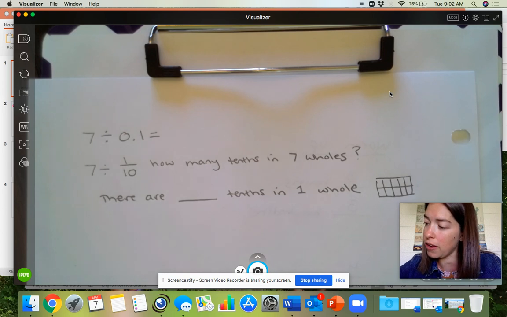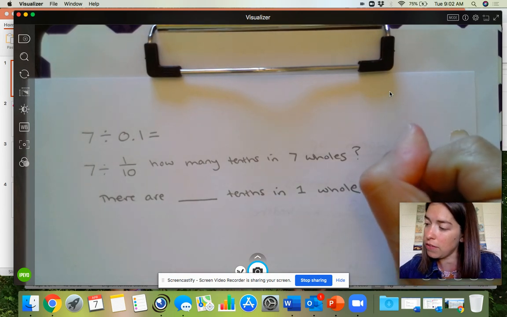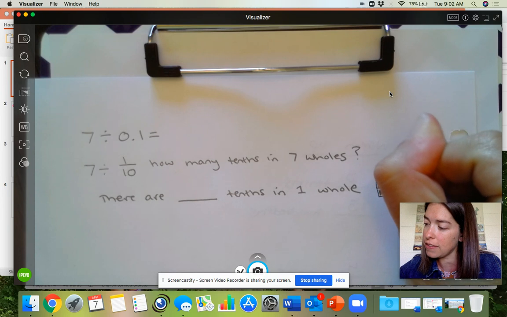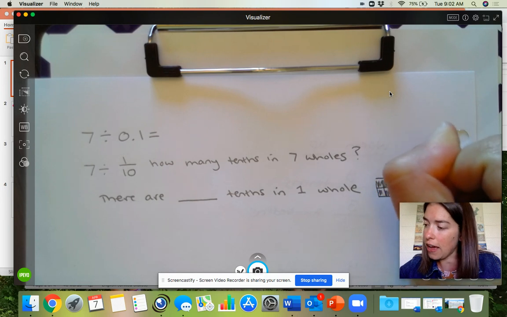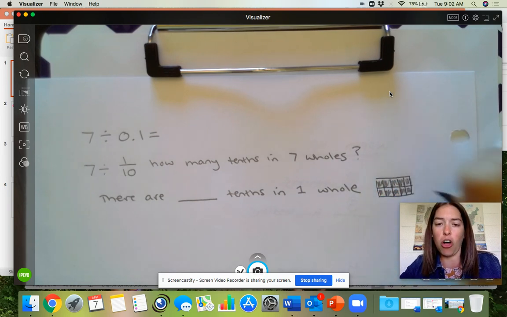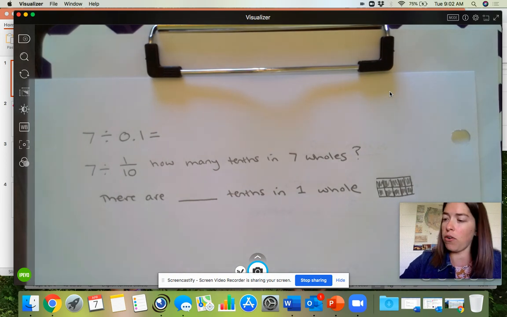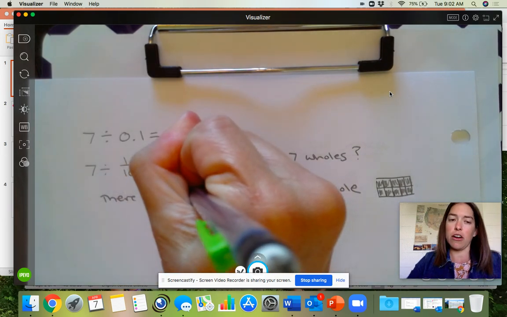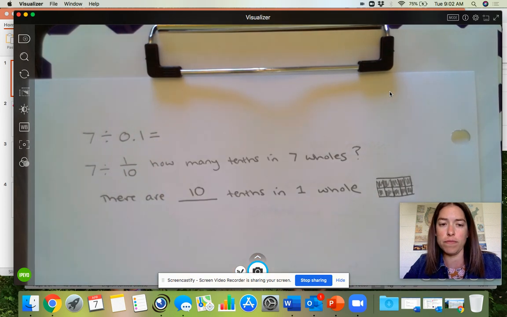Well, it takes 1, 2, 3, 4, 5, 6, 7, 8, 9, 10. It takes all 10 tenths to make one whole. So let's fill that in. There are 10 tenths in a whole.